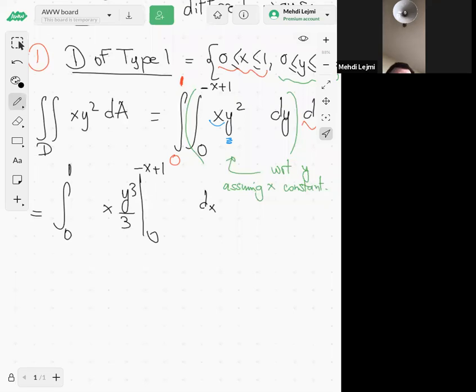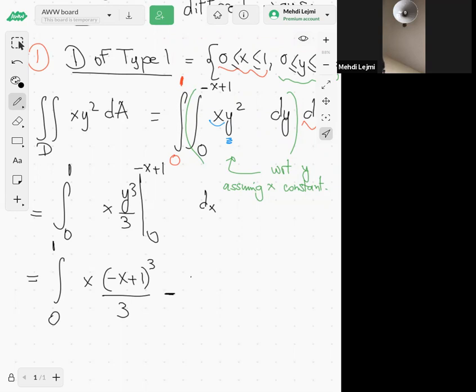Well, there will be a lot of computations here. Anyway, it's going to be the integral from 0 to 1. So x, substitute y by minus x plus 1. So this is minus x plus 1 cubed over 3, minus, and then you substitute y by 0.